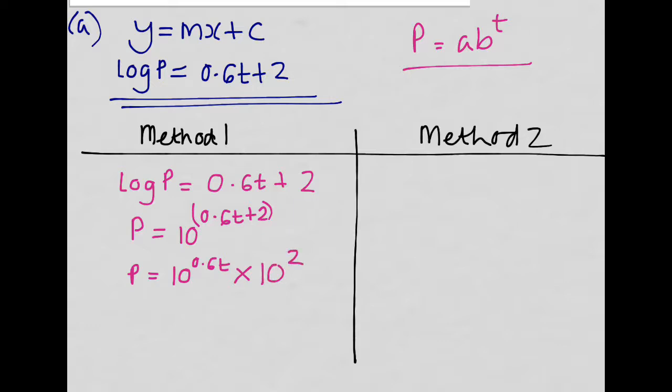Just remember that x squared times x cubed is x to the 2 add 3, which is x to the 5. And it's that rule that if your base is the same, so these bases are the same, then when they're multiplying you can add the indices, and we're just going backwards from that.